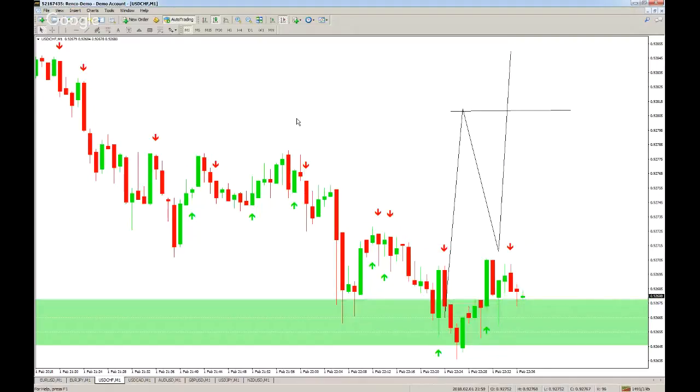Your money management needs to be geared towards the element of timing. There's always this debate between martingale money management versus fixed ratio or percentage of your trading account. It's very important that you test these different methods, see which one works for you, and go ahead and execute on that.